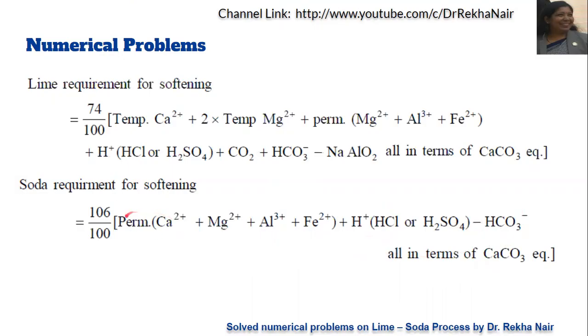Here you can see that there is no temporary calcium magnesium present in it, and in the case of permanent hardness, we can see that calcium, magnesium, aluminum and iron, all the four constituents are present, whereas in lime requirement, permanent calcium is not included in the formula.